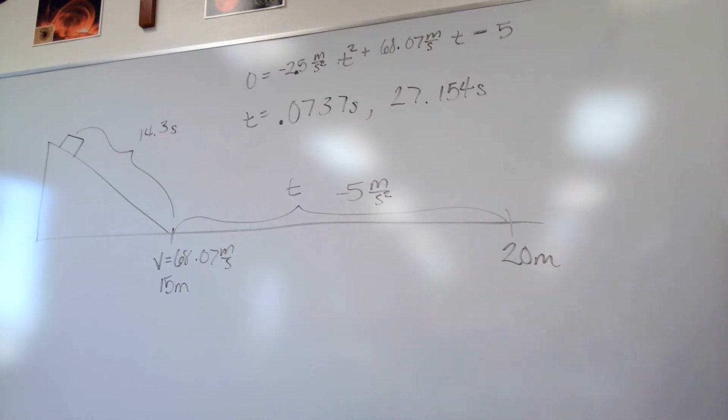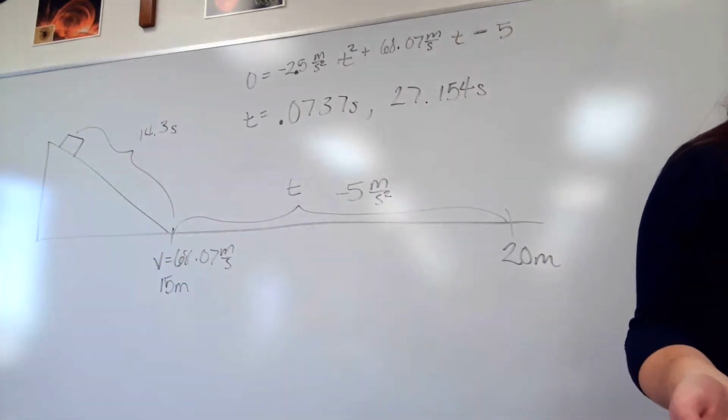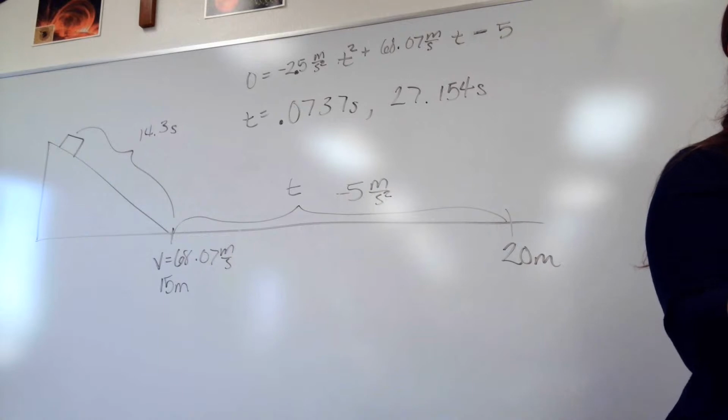And we've said, okay, math, give us when we will be at this point. We have told it that we have a constant negative acceleration, right? This is going to behave just like gravity. So what does it do if it has that constant negative acceleration?